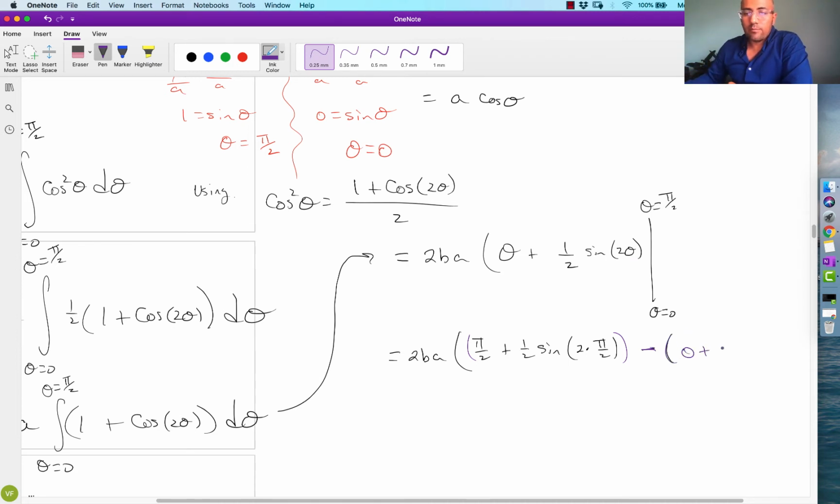So it would be 0 plus 1/2 sine of 2 times 0, and then we simplify that.